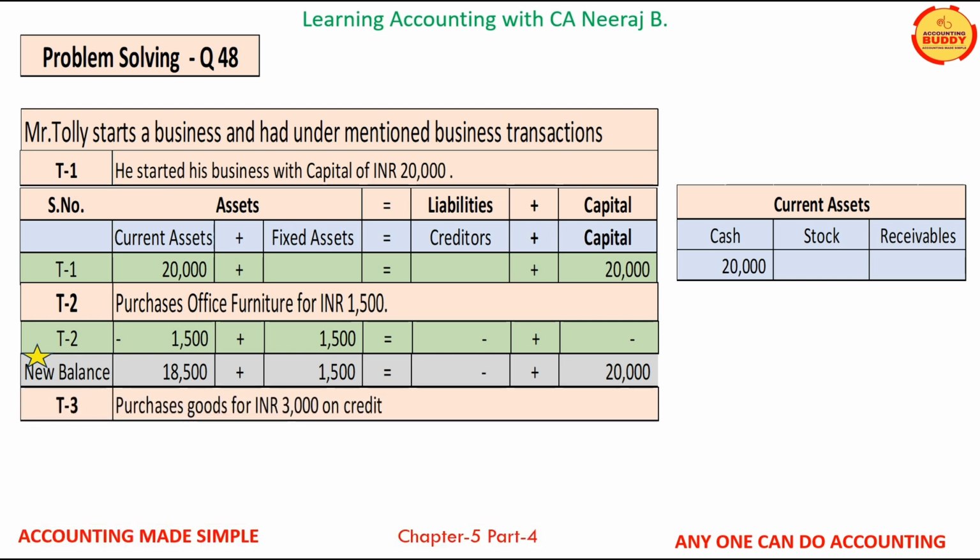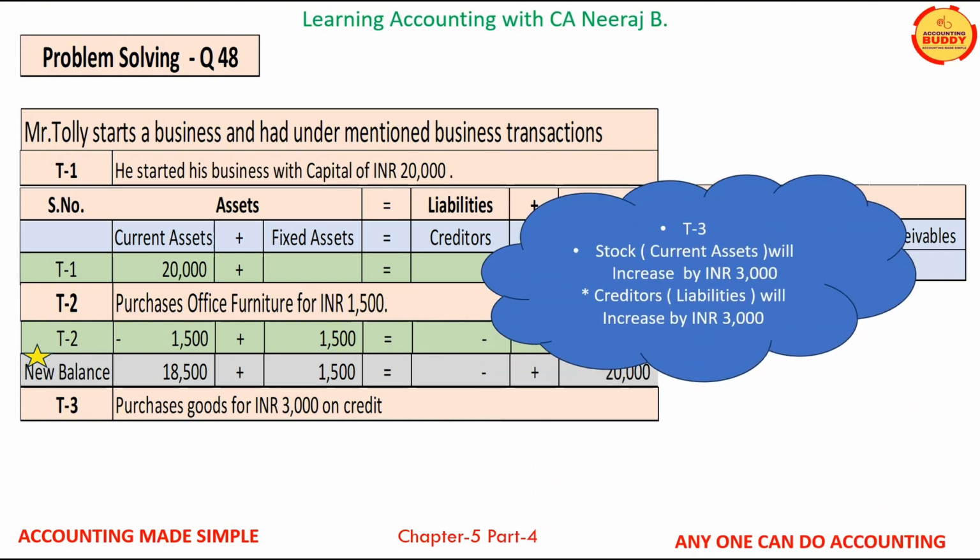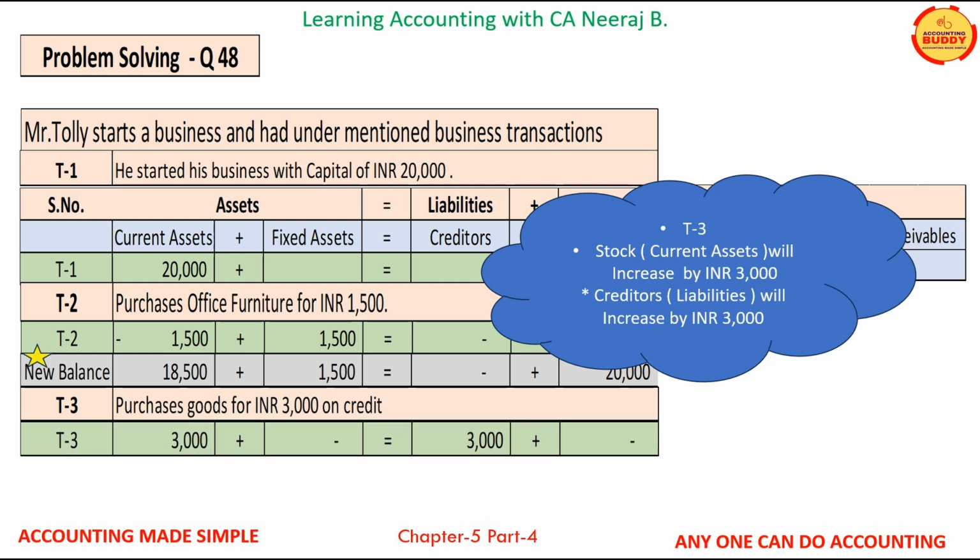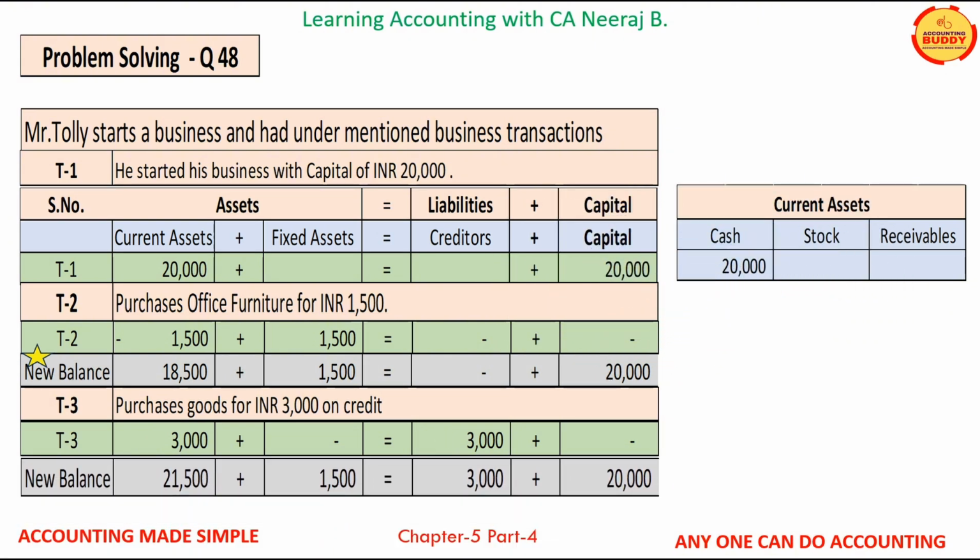Under transaction T3, Mr. Tolly purchased goods worth 3,000 on credit. Two accounts which are getting affected by this transaction are number 1, stock, and number 2, creditors, as the goods are purchased on credit. 3,000 will appear on the left hand side as the stock has increased, and the liability of 3,000, which has also increased, will appear on the right hand side of the accounting equation.